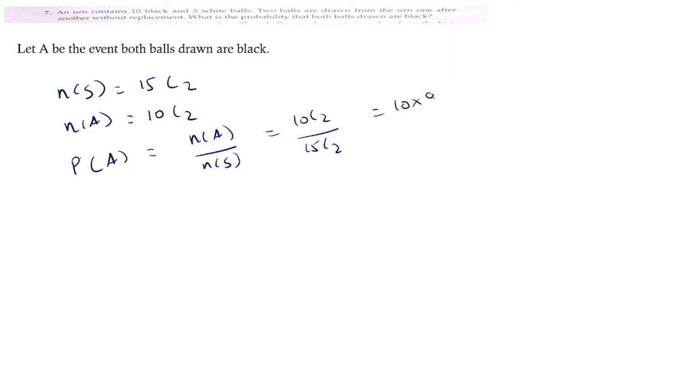This is 10 into 9 upon 2 whole thing by 15 into 14 upon 2. So this is equal to 3 by 7. So probability that both balls drawn are black is equal to 3 by 7.